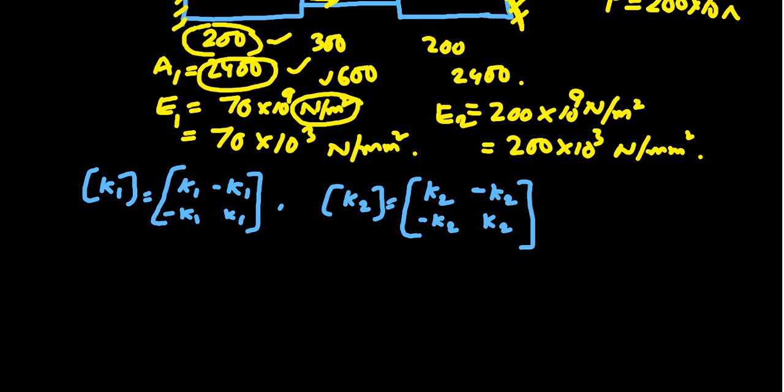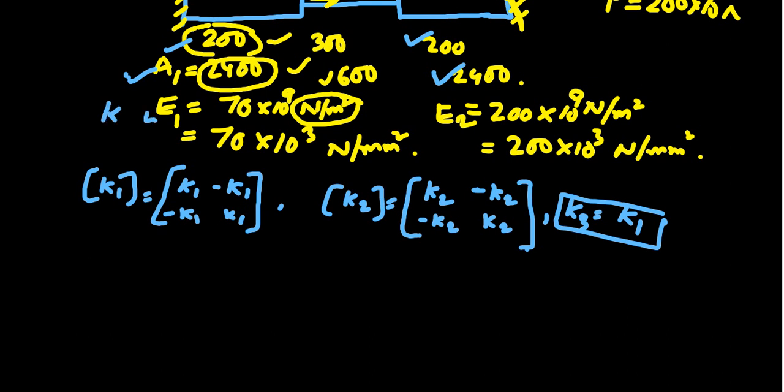For K3 we can modify one thing, because the area is the same for both element 1 and 3, and also the length of both elements is the same. It means we can say that element 1 and element 3 are equal, and their material property E1 is also the same as E3.